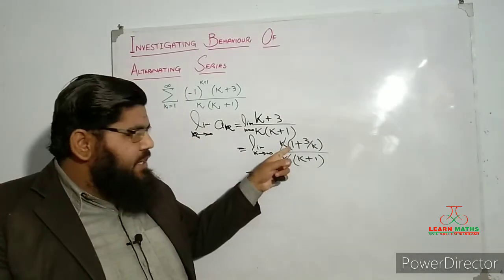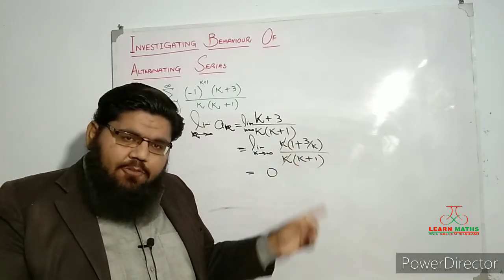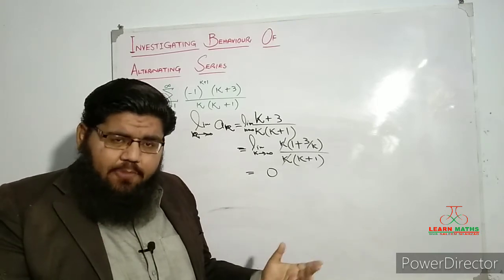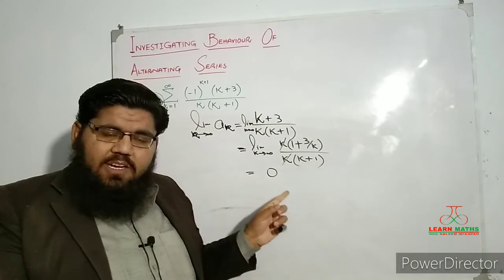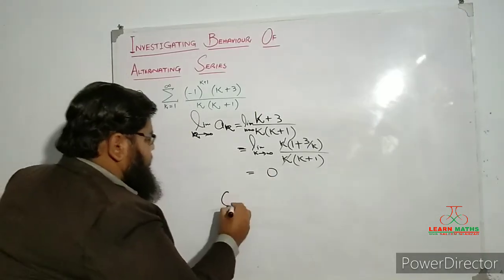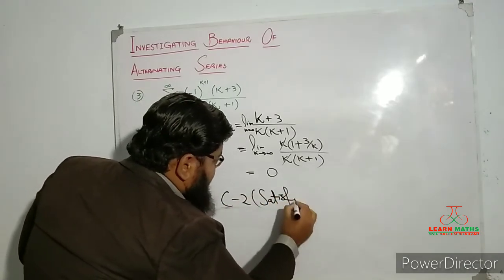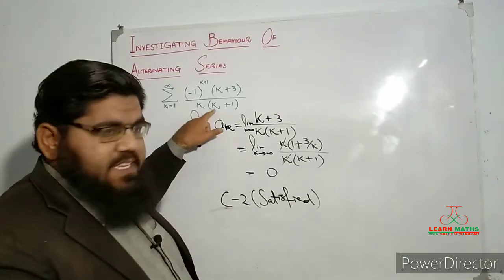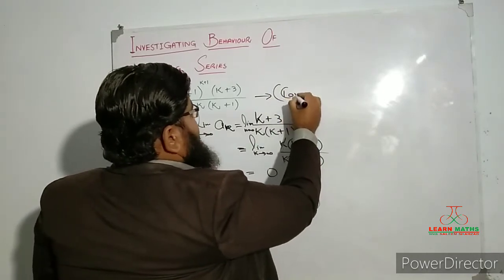How? Because in the numerator you will have 1 and in the denominator you will have infinity, and we know that when something is divided by a very large number, the answer gets closer and closer to 0. So condition 2 is also satisfied, and that means this series is also convergent.